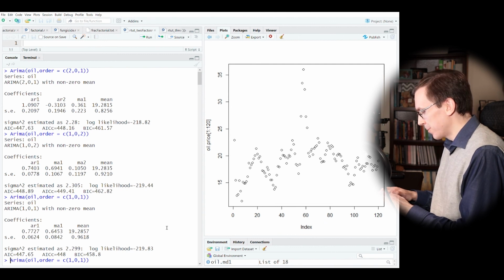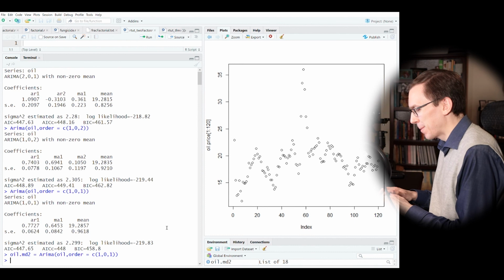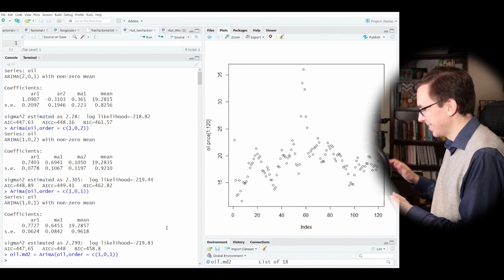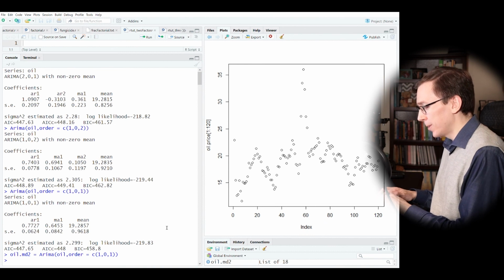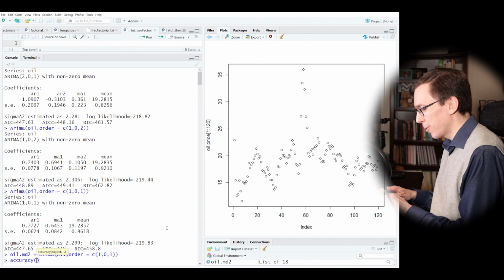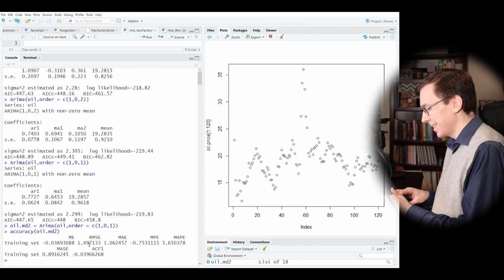And we'll just call this oil.model 2, because I already fit model 1, but that was not as good of a model, I think. All right, so now we have oil.model 2, and we can look at the forecast accuracy of this one. And yeah, we get some values.